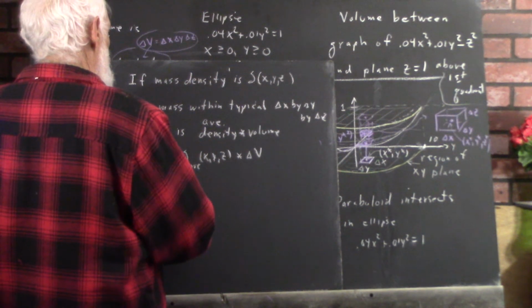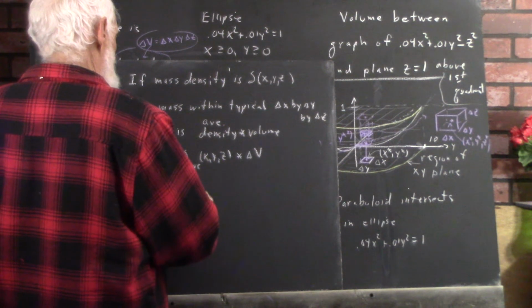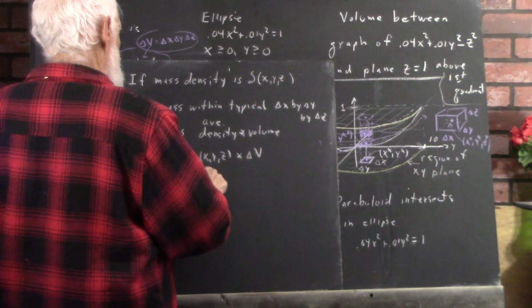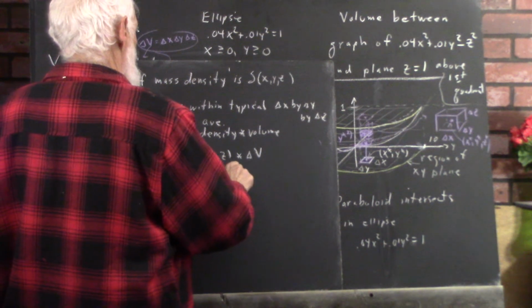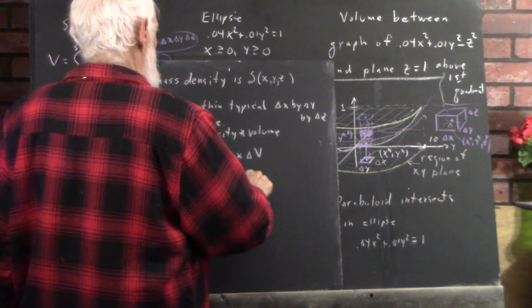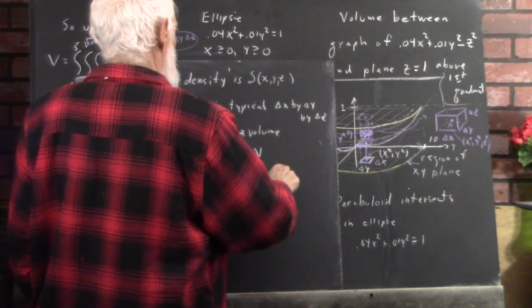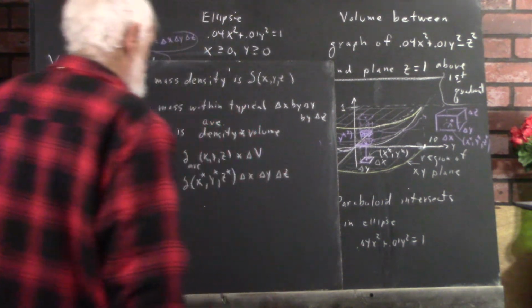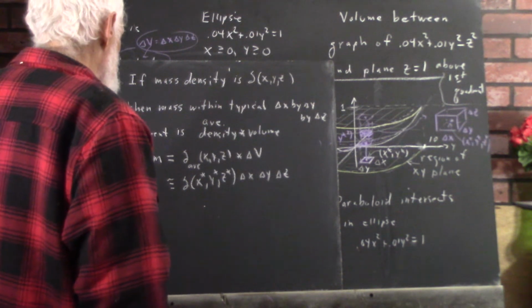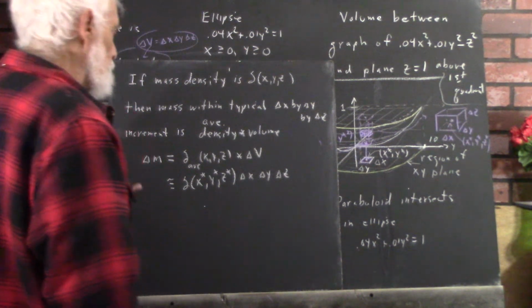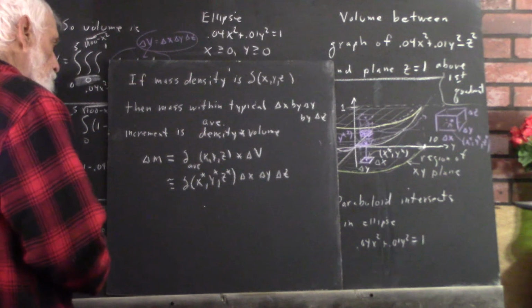And that's approximately equal to delta at x star, y star, z star times delta x, delta y, delta z. Okay, now the total mass is the sum of all this stuff.